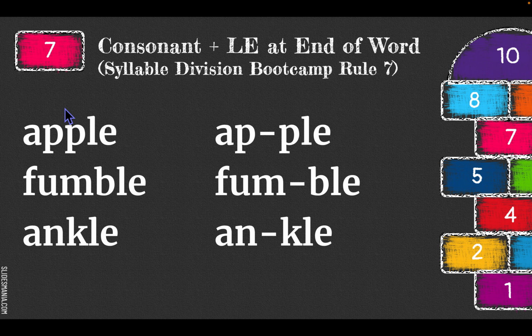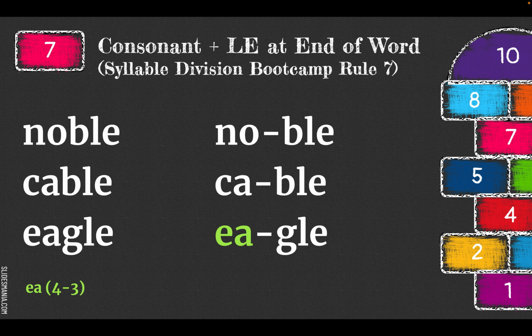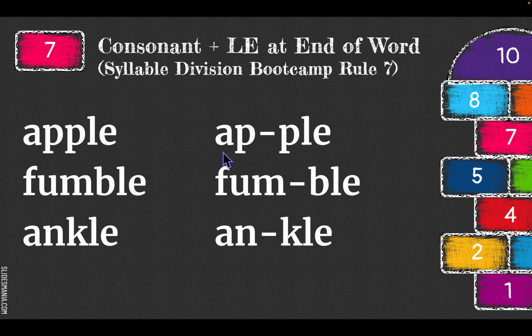We take these words, we're going to divide 3 letters from the end. In these words, we have the vowel at the beginning of the syllable or in the middle. The earlier words had a vowel at the end of the syllable, so we tried the vowel's long sound first. When we have a syllable starting with a vowel or with a vowel in the middle, the first vowel sound we try is the short sound.